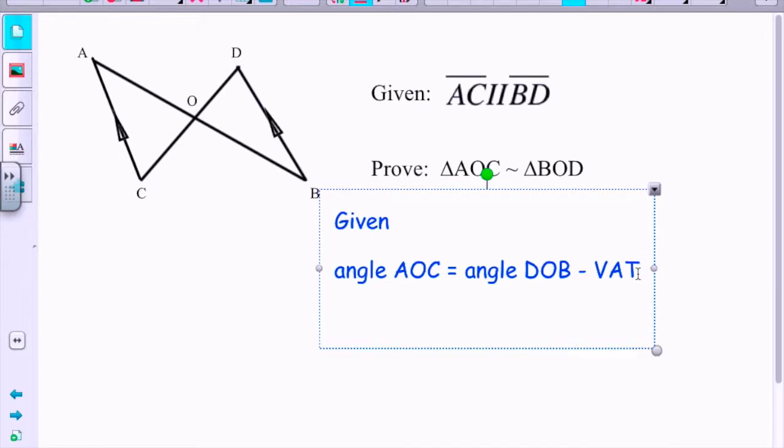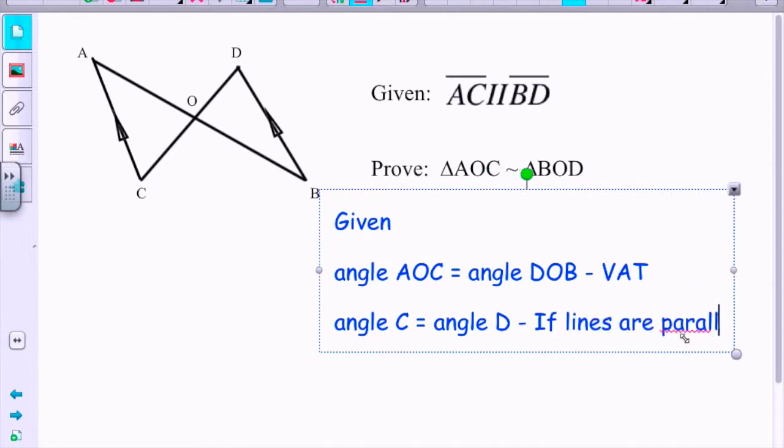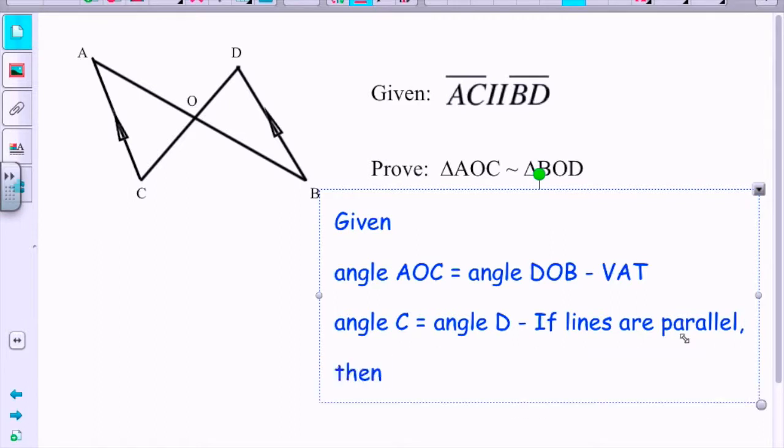So I also know, because the lines are parallel, you could do a couple different ones here. I could say angle C equals angle D, and the reason for that would be, if lines are parallel, and again, you guys would probably use the abbreviations, then alternate interior angles are congruent.